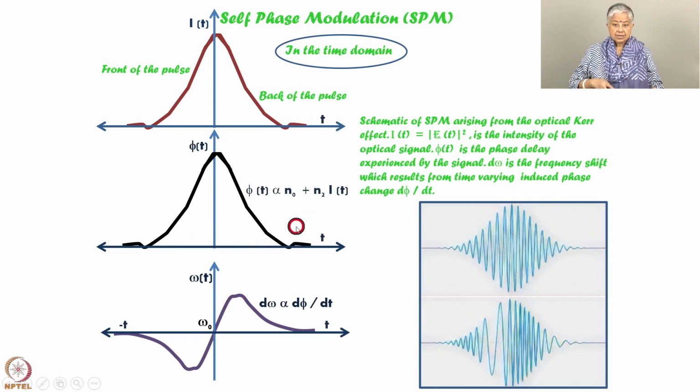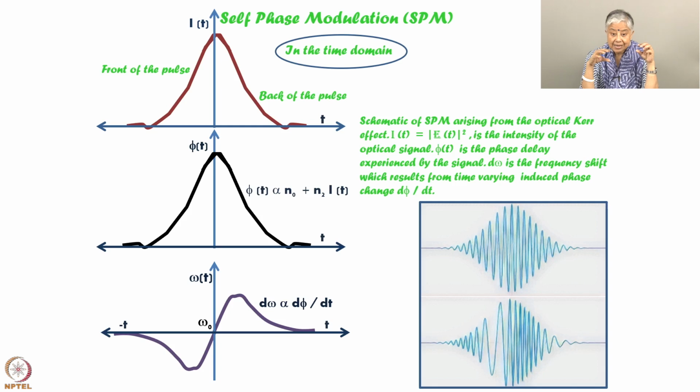Here this is just a schematic, as it is very difficult to draw in any other way, of self phase modulation arising from the optical Kerr effect. And I, intensity, as you know, is the mod of the electric field squared, and phi is the phase change experienced by the signal. Now, there is a side effect to self phase modulation.